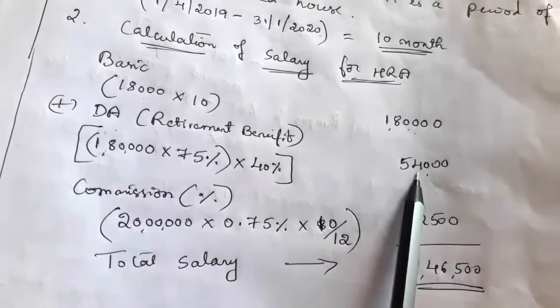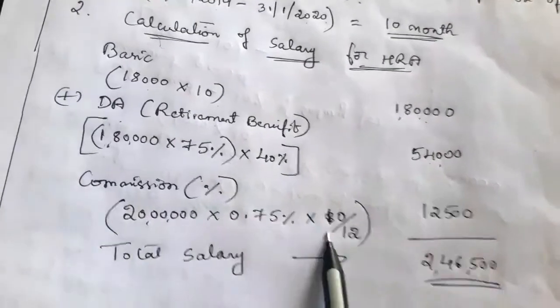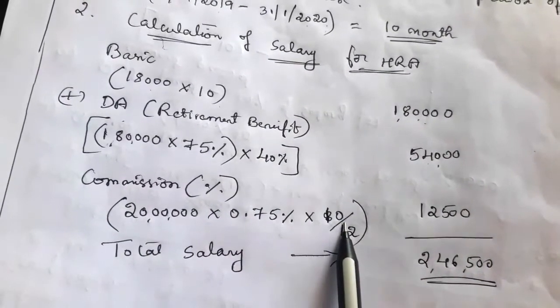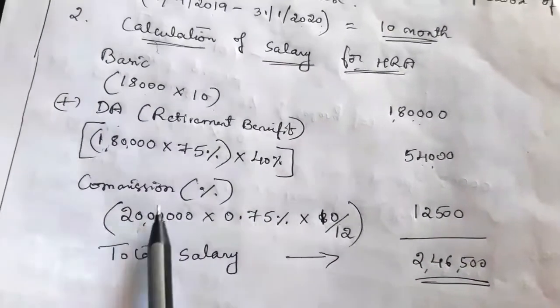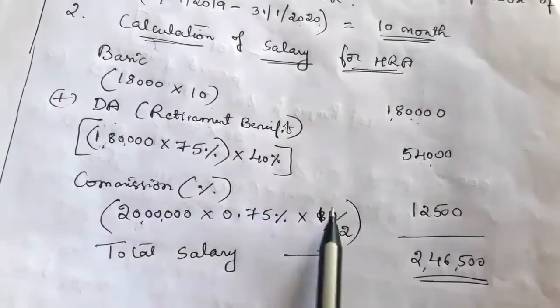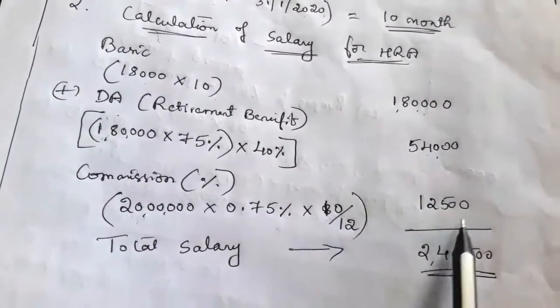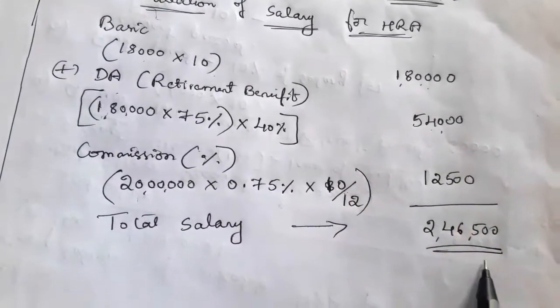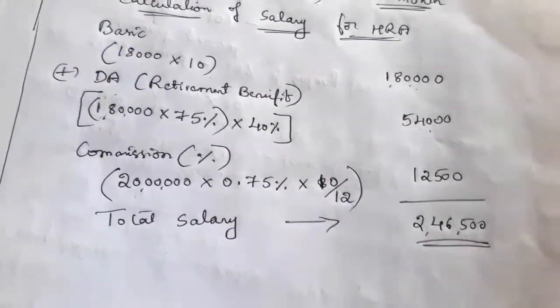So we will get 54,000, and commission we have to take only for 10 months, because the commission given is during the year. Achieved during the year means we have to take only for 10 months, into 10 divided by 12. So this is the total salary, 2,46,500.